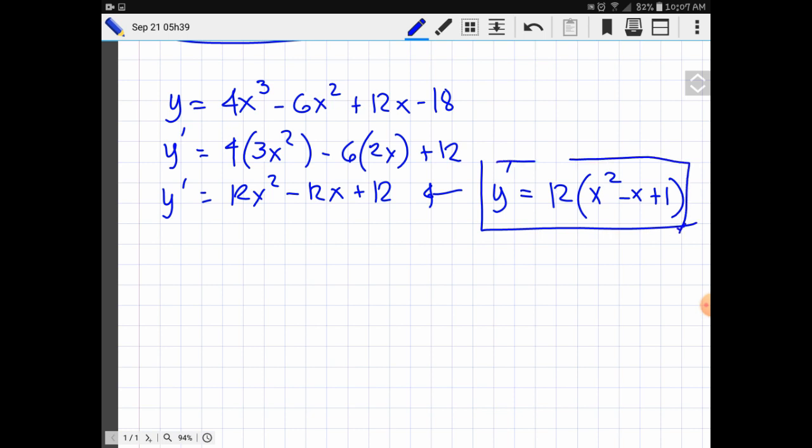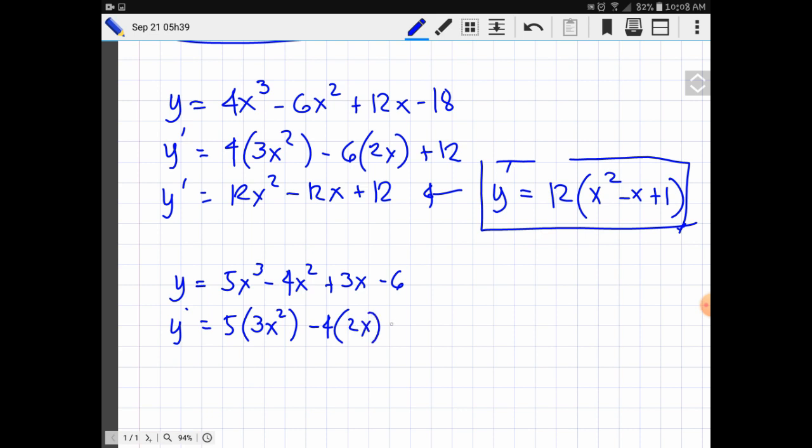Okay, next, y is equals to 5x cubed minus 4x squared plus 3x minus 6. So that would be y prime is equals to 5 multiplied by 3x squared minus 4 times 2x plus 3. And that would be equals to 15x squared minus 8x plus 3.